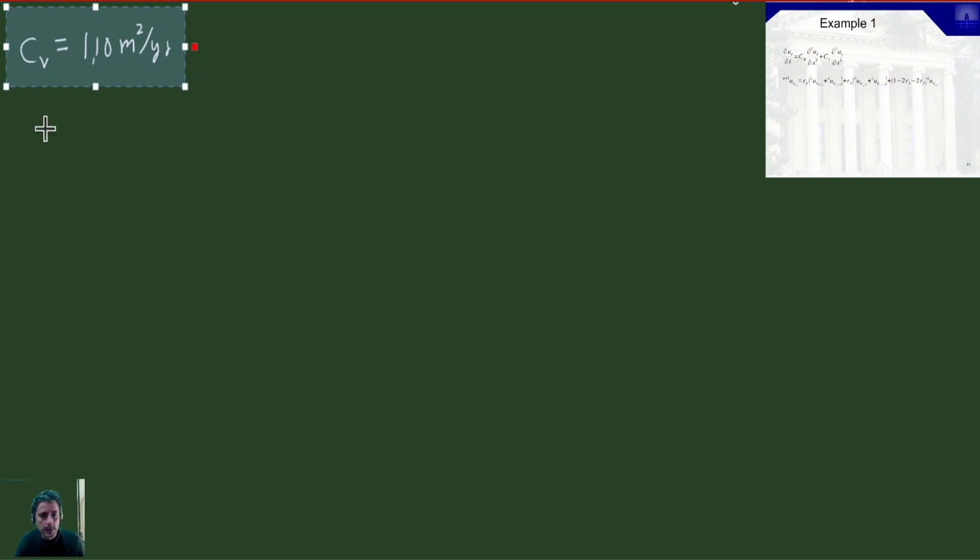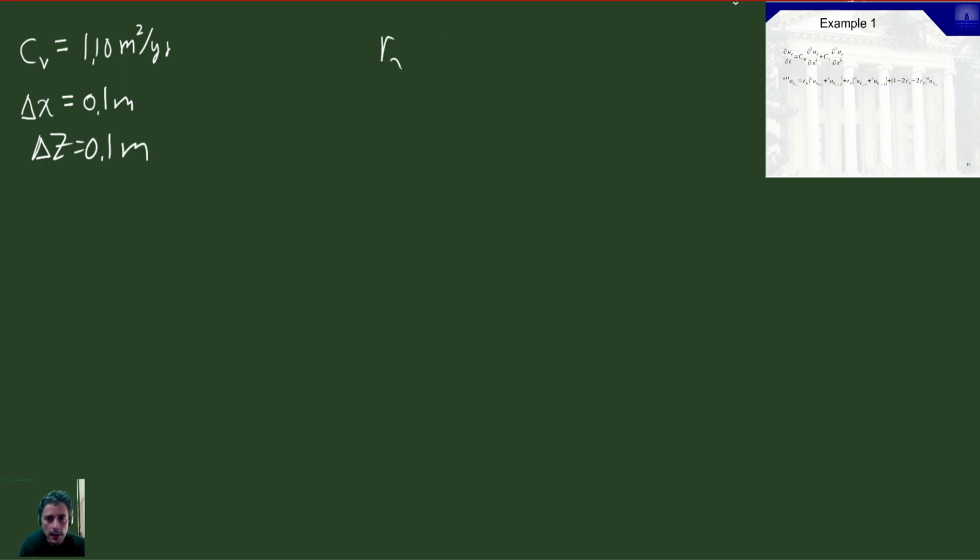We also said that delta x was equal to 0.1 meter, and delta z was equal to 0.1 meter.